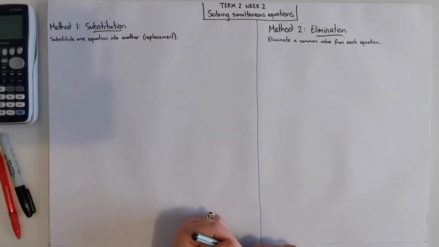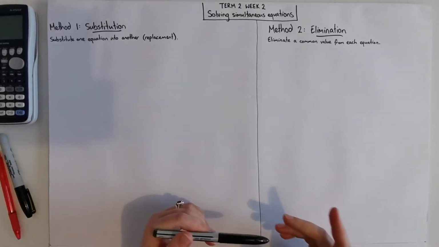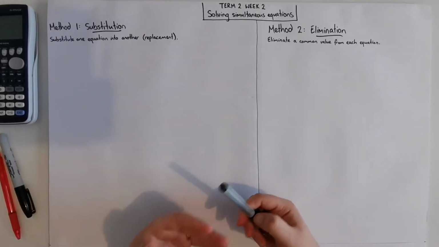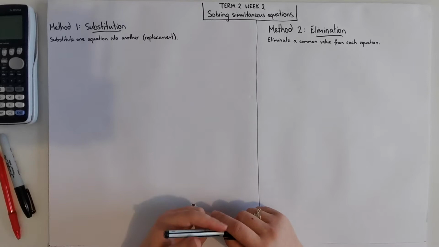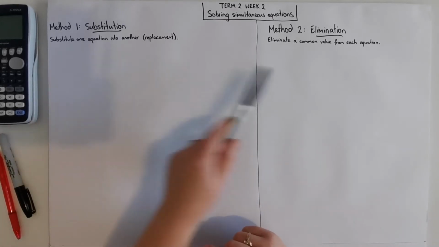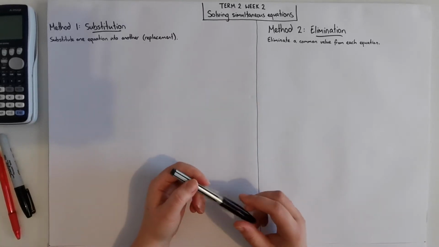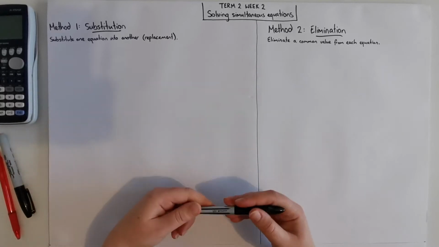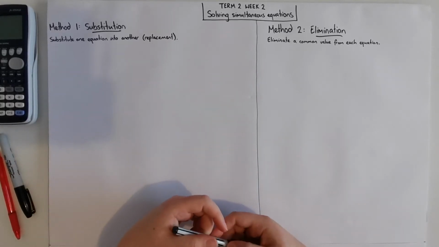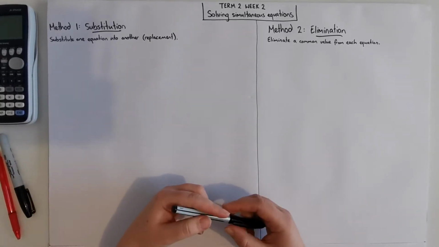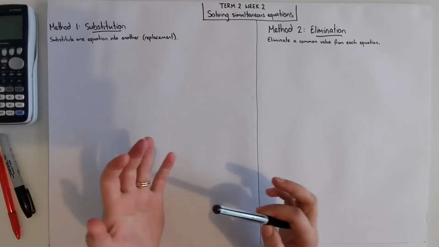So, solving simultaneous equations. Simultaneous, of course, means that we are solving multiple equations together at the same time. There are a couple of key methods that I would like us to go through today. First of which is substitution, which most of you are probably more familiar with and more comfortable with. That's absolutely fine.